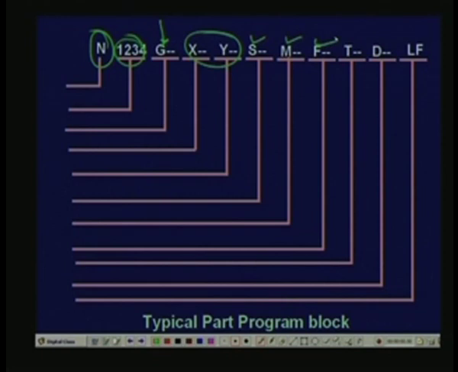We are not going to look at all of them. In short, a particular program block will contain such a set of instructions. Sometimes these instructions are mostly optional, so you may or may not have some instructions. There can be only one so-called operand, and there can be even 6-7 operands in a particular instruction depending on the requirement.